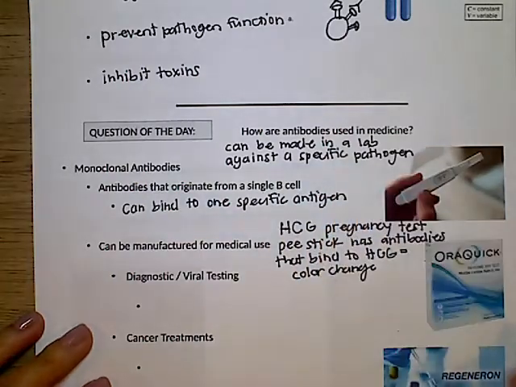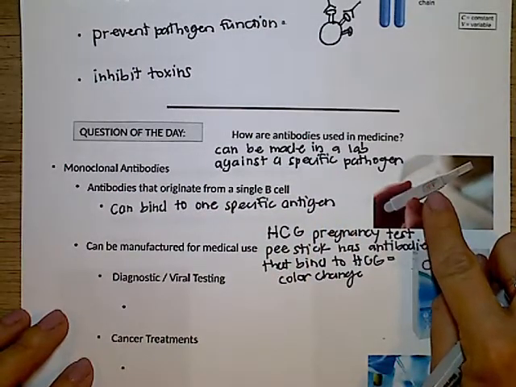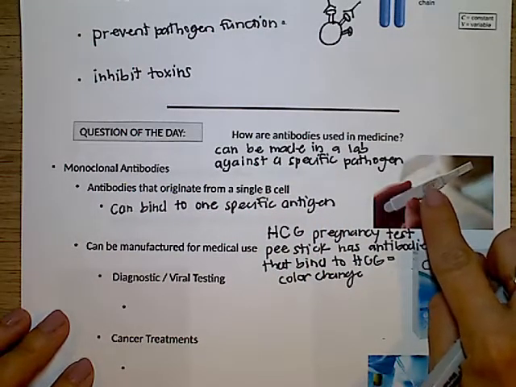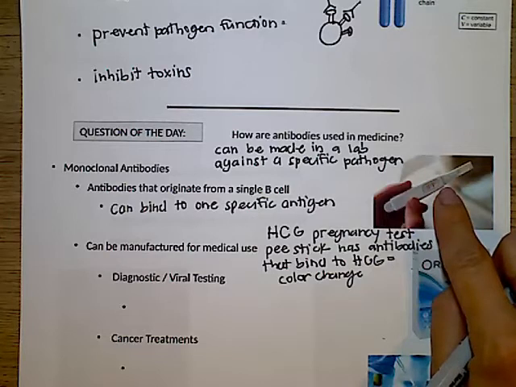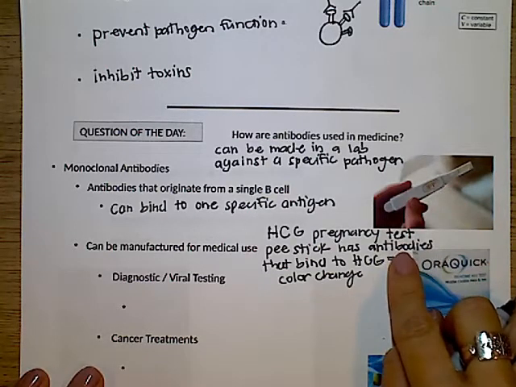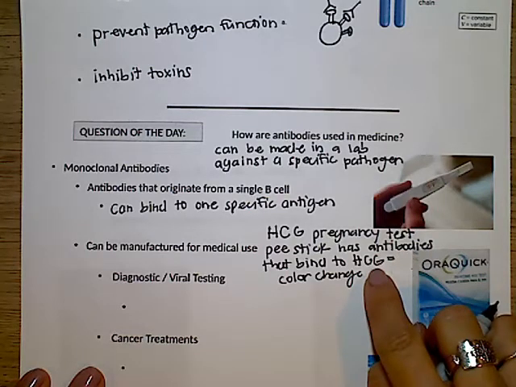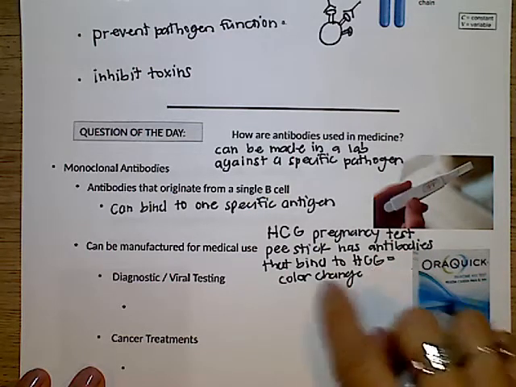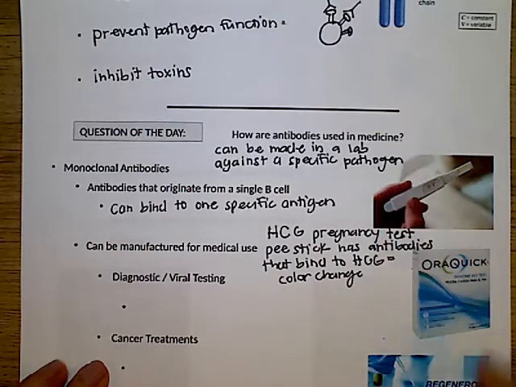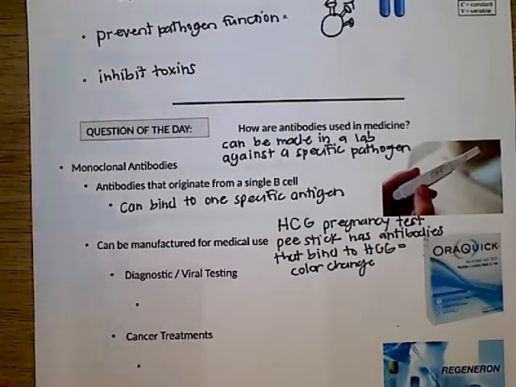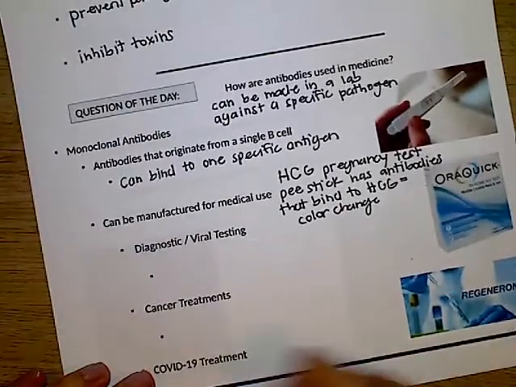And depending on the test you have, you'll get a double line if you're pregnant, because it'll cause a color change in one of those lines. Sometimes it's a smiley face. Sometimes I took digital ones that would say pregnant or not pregnant. I'm not sure how that works, but they all have antibodies that bind to HCG, and that's how it causes some sort of change in the indicator that lets you know whether or not you are pregnant. So that's pretty cool. I didn't know that.